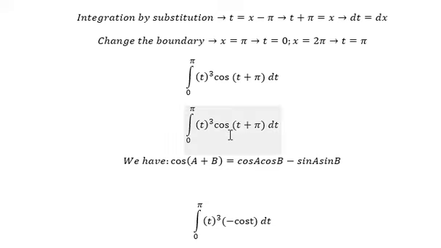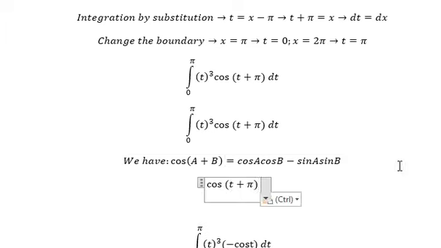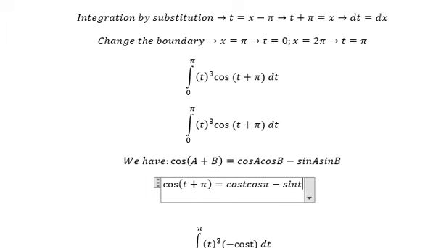Now we have this one. We change it to cosine t cosine b minus sine t sine b. Cosine b, you will get negative 1. Sine b, you get 0. That's why you get negative cosine t.